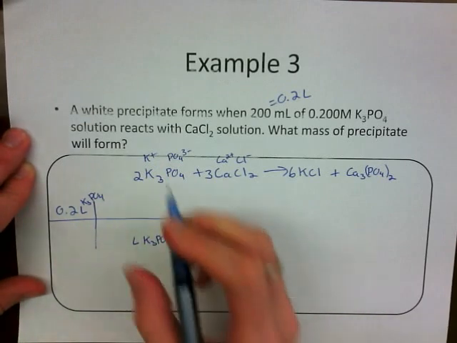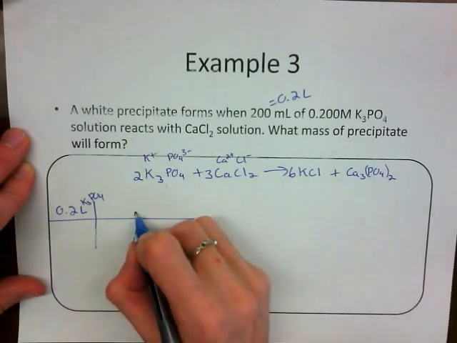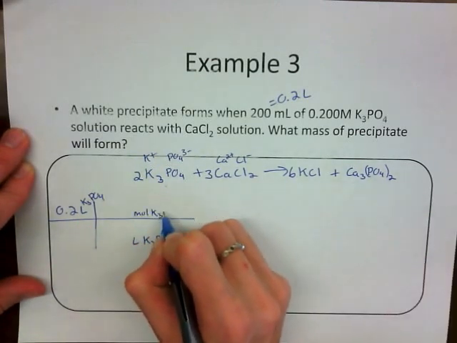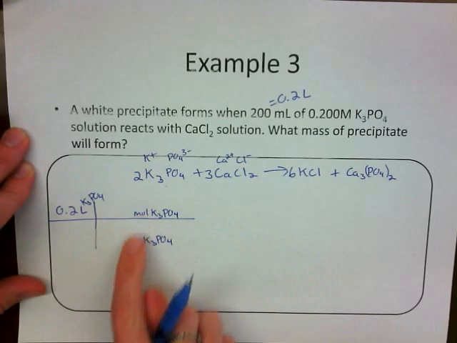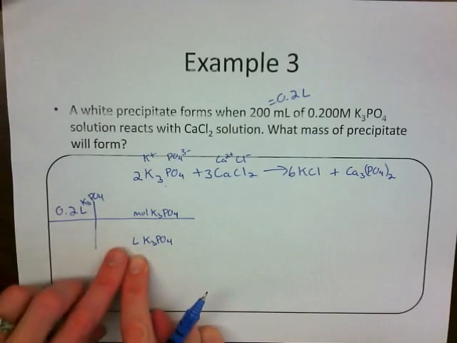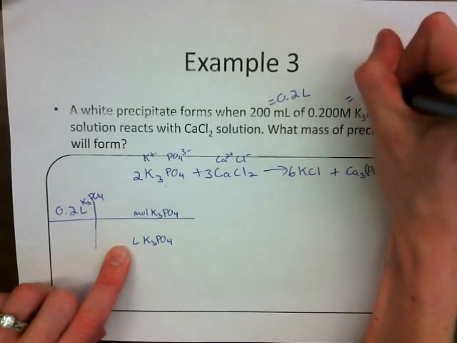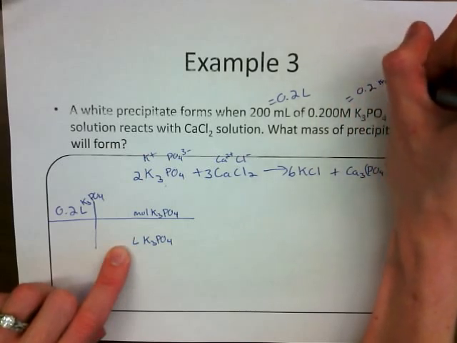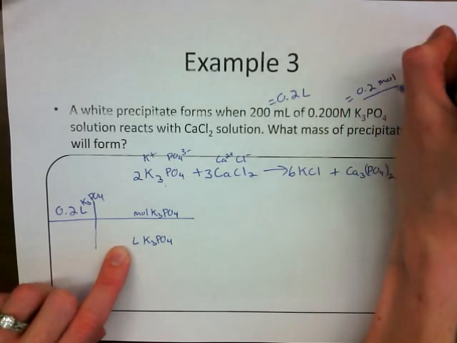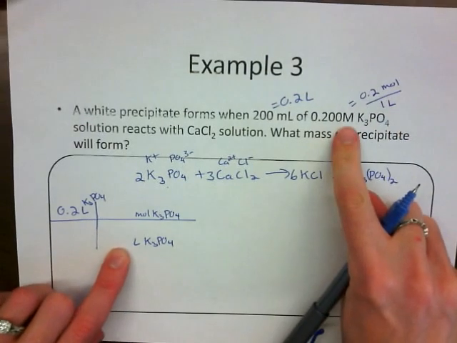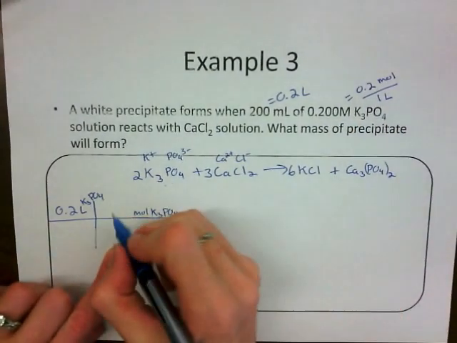I want moles to be able to use my balanced equation. Moles per liter you should recognize now as being the units of molarity. Over here I actually have 0.2 moles per 1 liter. That's what the molar tells me.